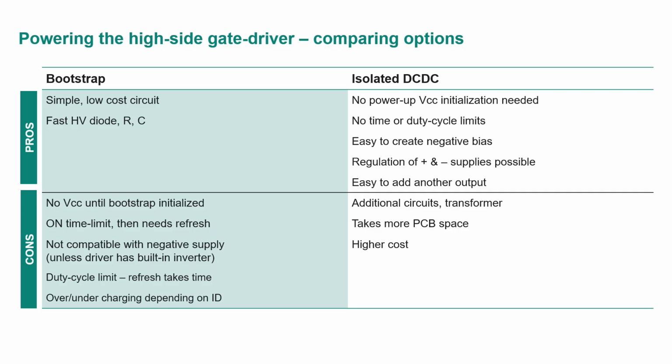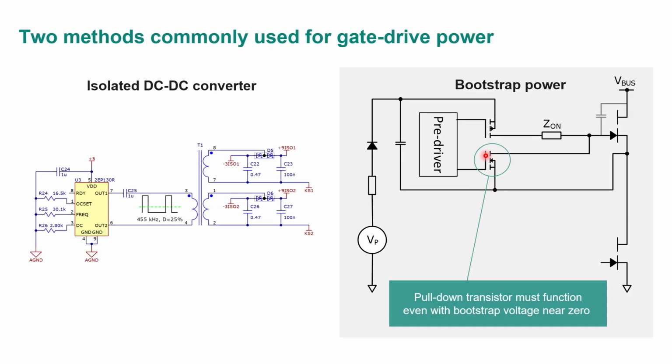But there are a couple of important things to consider when looking at this method of powering. As I said, bootstrap is simple, it's low cost, a couple of components. But the other issue is that I don't have any VCC. There's no power when I first power up. I have to go through an initialization period to establish a charge. And during that time, there's no bias on that gate driver. So I need a gate driver that, even when it's not powered, has the ability to clamp the VGS.